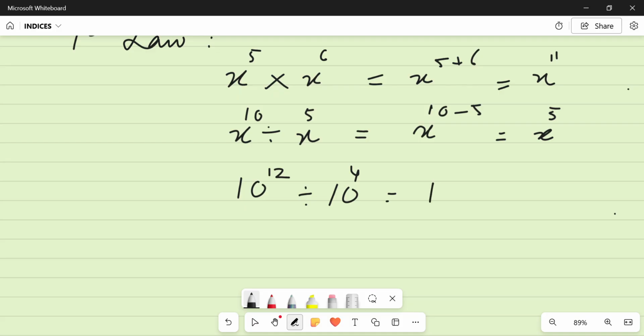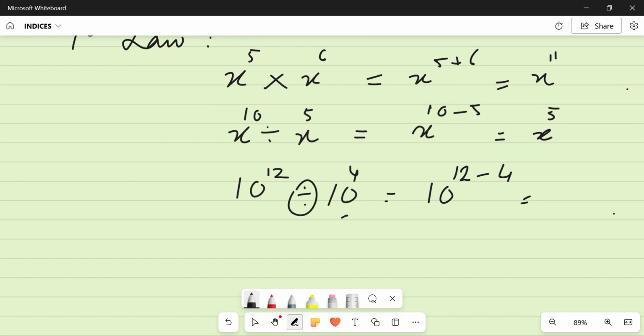We will take 10 common because bases are same here, and then the powers or the exponents are subtracted. So the first 10 has power 12, and the second 10 has 4. Though it's a negative sign, we subtract them. So the answer is 10 to the power, come on, 12 minus 4 is 8. Okay, this is the first law example.